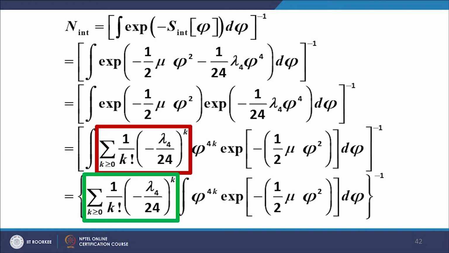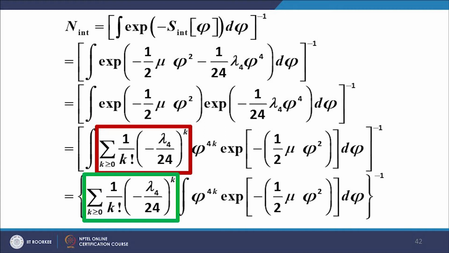We said that lambda 4 is very small, and therefore, we did a series expansion in the second term. The exponential of minus 1 by 4 factorial lambda 4 phi 4 was expanded as an exponential series, and we got this expression in the red box.